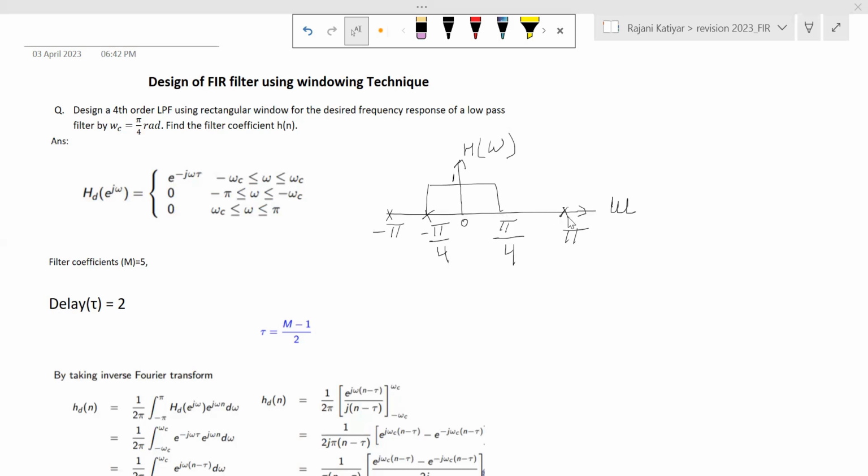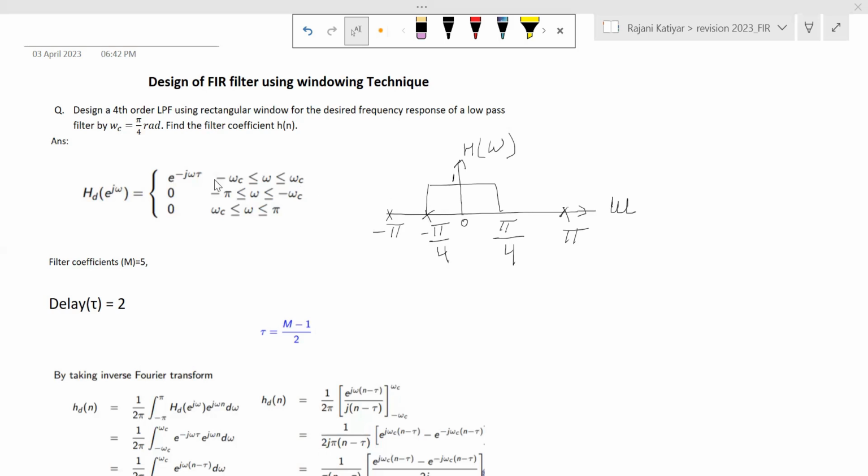From π/4 to π, the response is nothing, as higher frequencies are not passed, so the magnitude in this range is 0. Similarly, from −π to −π/4 the magnitude is also 0, because these are all higher frequencies which we are stopping to fulfill the requirement of a low pass filter.